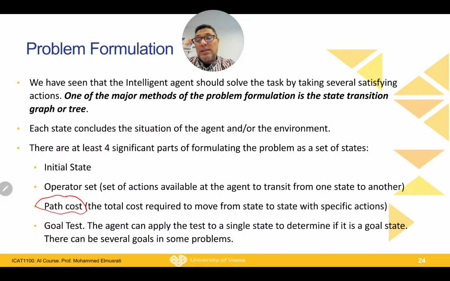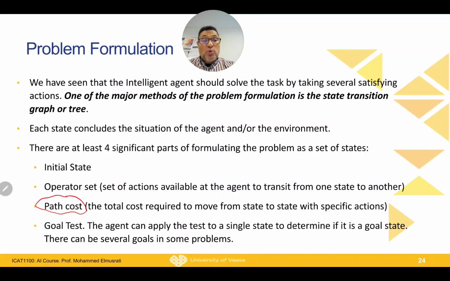In some problems it can be easy to find the global goal, so the optimum solution. In some problems it is very difficult to find the optimal solution, so we can be satisfied with some solution which is okay for us. It is not the optimal one, but it is okay. How do we measure the optimality? How do we say this goal is better than that goal? One thing we can use is the minimum path cost.